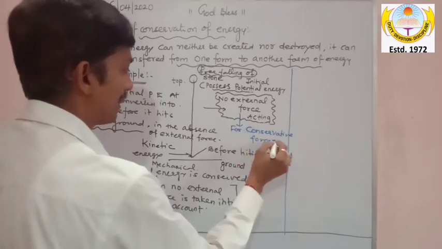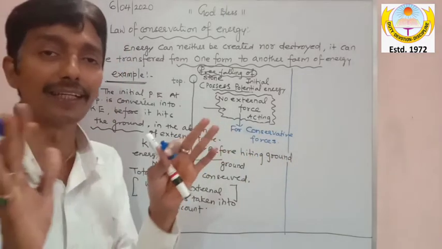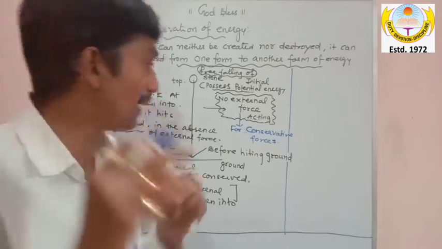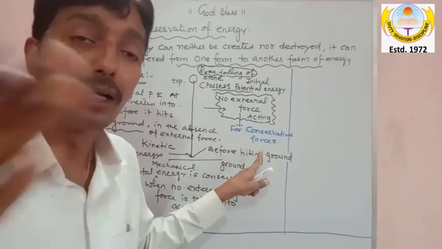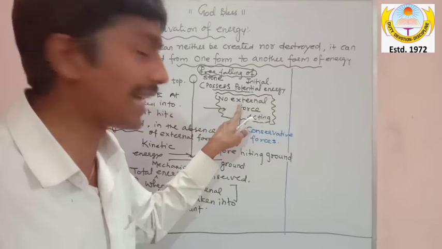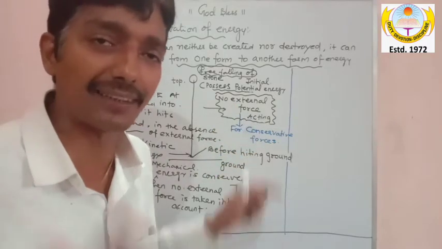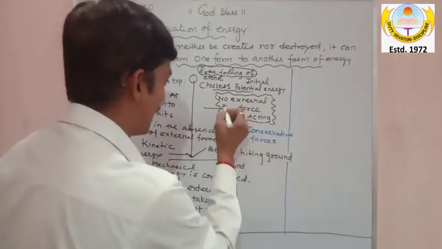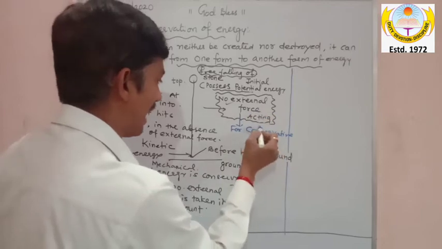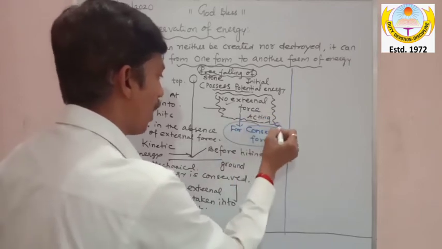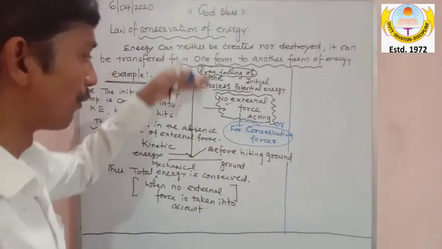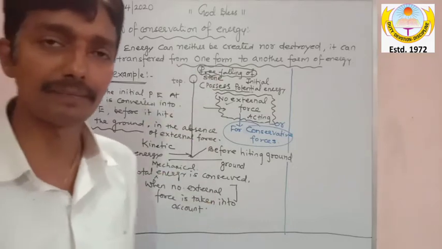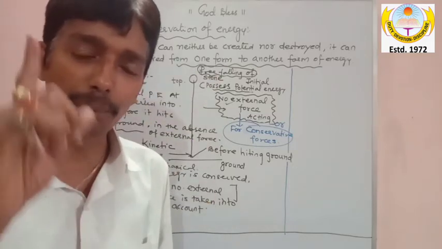Conservative forces means the force on the body is constant. Once a force is applied, that remains constant. Further, there will be no external force acting. And therefore my dear, when I say no external force acting, or in other words, for conservative forces, we have proved this. Am I clear? So please take care, my dear.